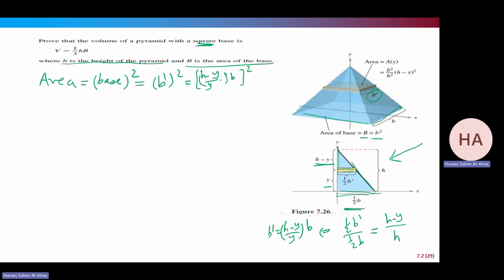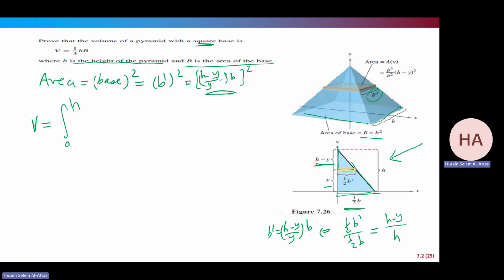So what will be the integral? V will be from where to where? From 0 to h, all the way up.